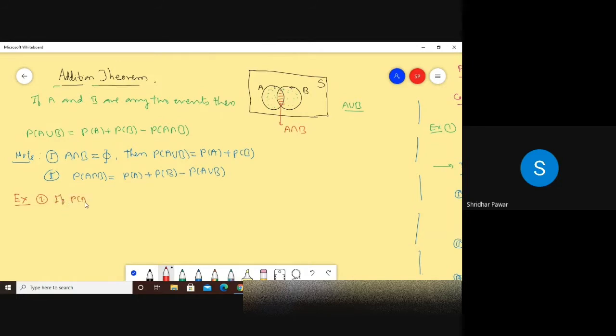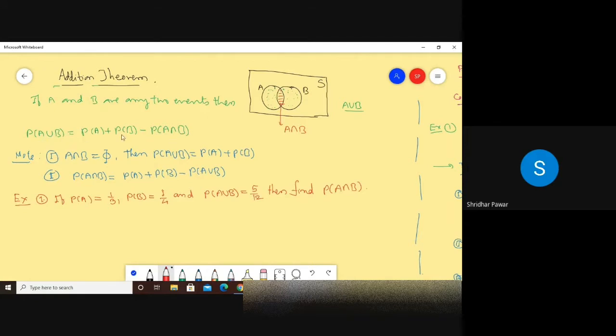If P of A is equal to 1 by 3, P of B is equal to 1 by 4, and P of A union B is equal to 5 upon 12, then find P of A intersection B. So find the probability of the intersection.